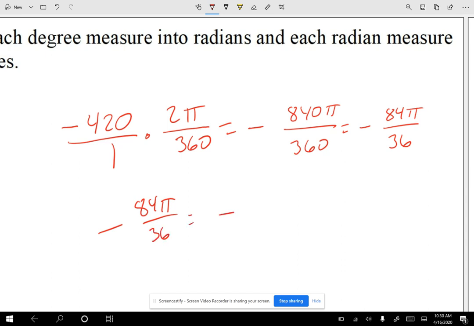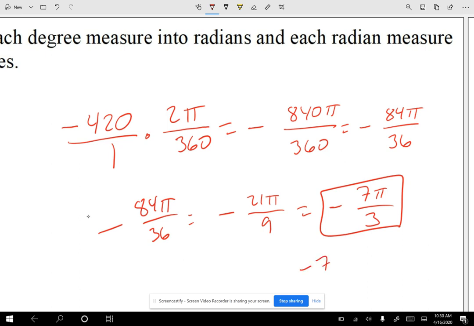All right, I'm dividing each by 4. I'm trying to simplify. So I have 21 pi over 9. Then I'm like, can I do any better? Yeah, let's divide by 3. So I'm going to have negative 7 pi over 3. And that's as low as I can go. Now, how am I going to type this? Negative 7 pi over 3.